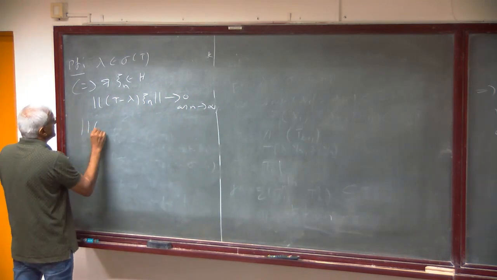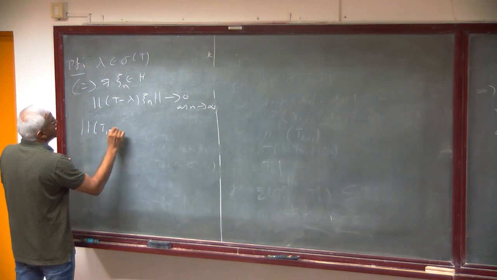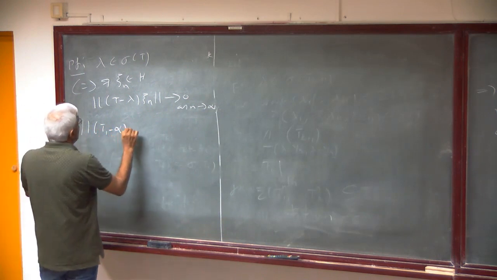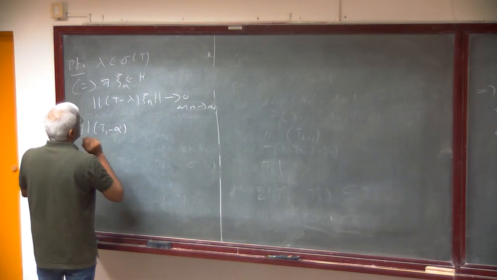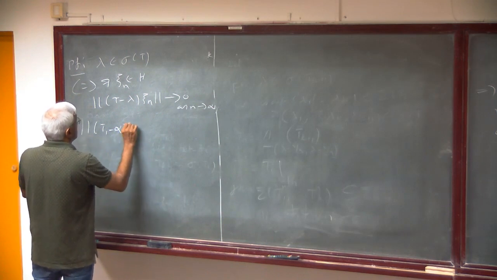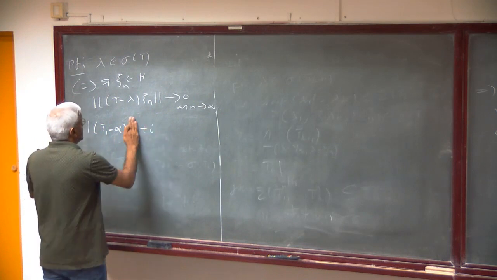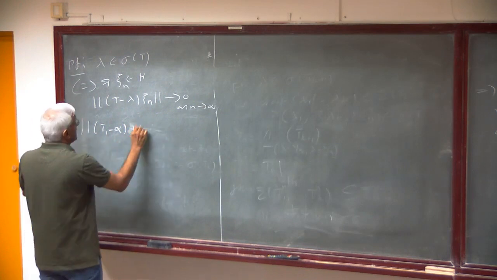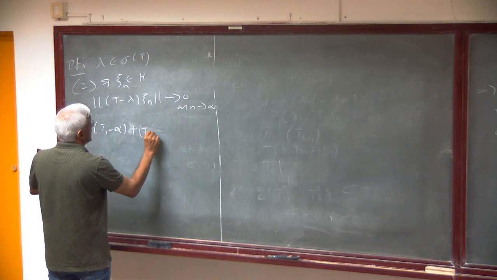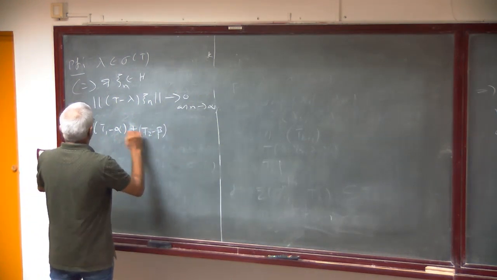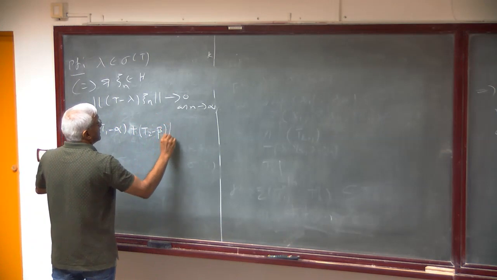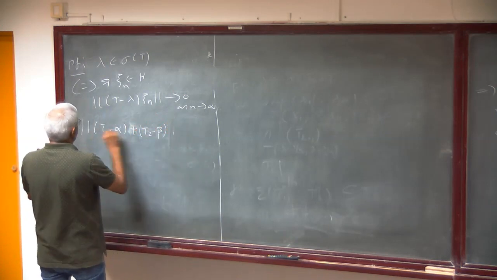So we just say that T1 minus alpha, this is the real part, plus i times T2 minus beta. This is the decomposition of T minus lambda.